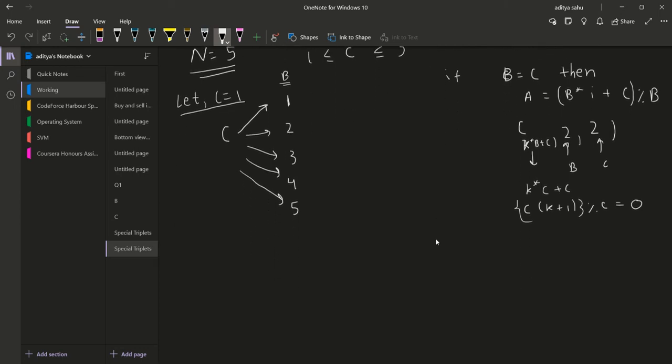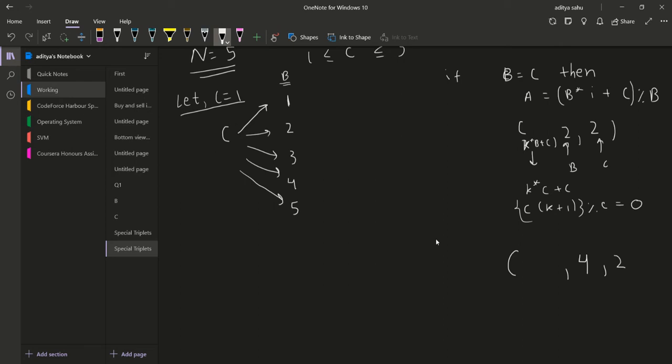So let's see it like this. If my C is equal to 2 and B is greater than C, right? So if my B is greater than C, and of course B is a multiple of C, so the minimum value that I can have is 4.